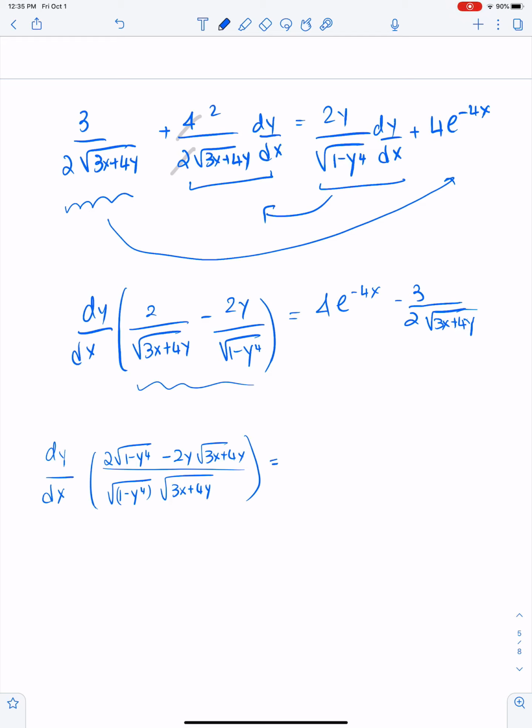Take a common denominator, and you'll have 8e to the minus 4x, square root 3x plus 4y, minus 3, because this thing's over 1, divided by 2 square root 3x plus 4y.